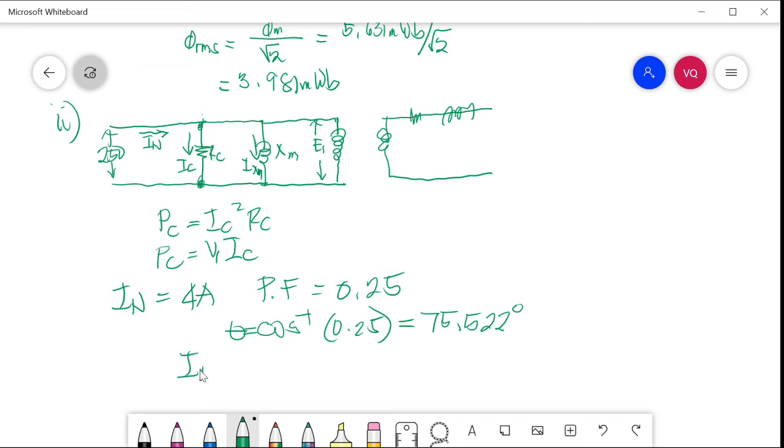So IN will be equal to 4 angle 75.522 degrees.